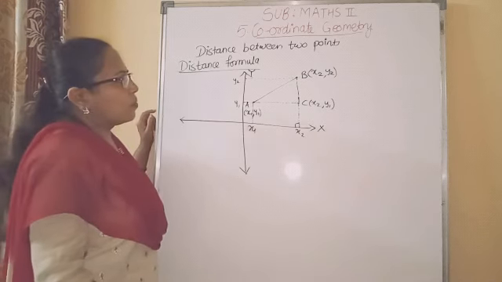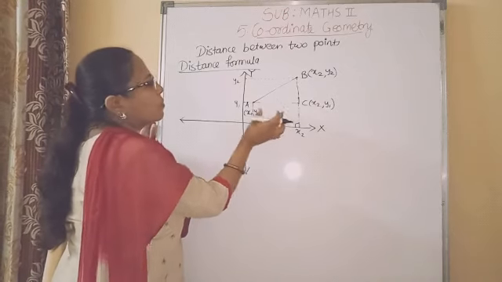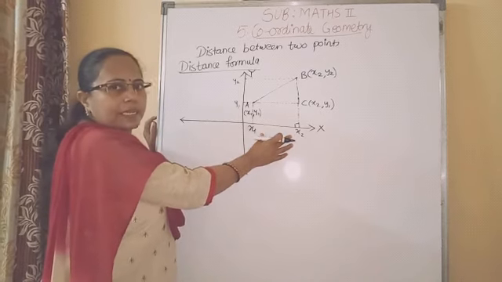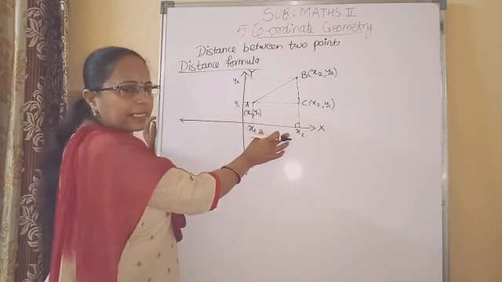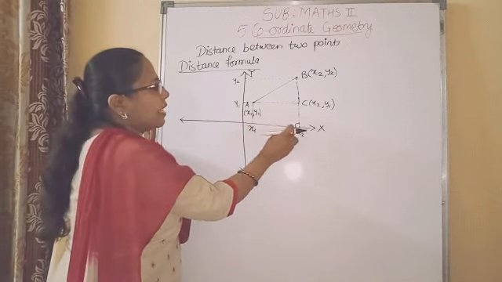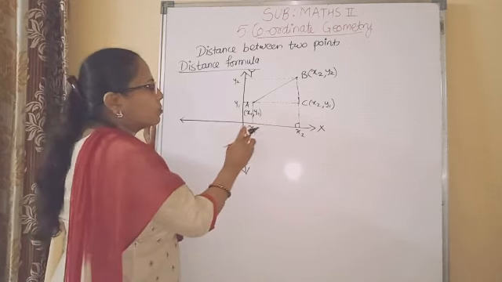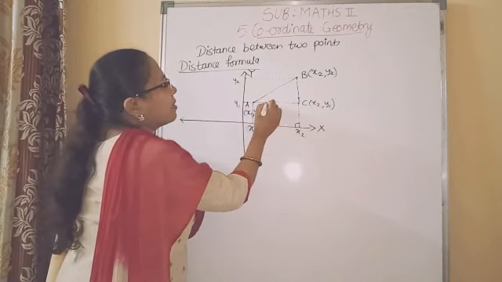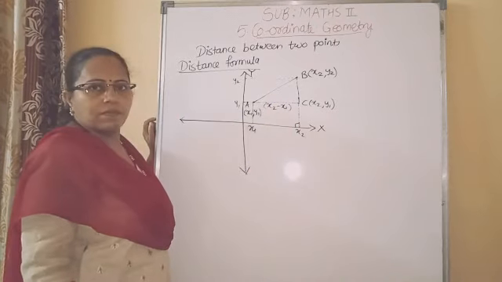Now if you observe the figure, you come to know that segment AC is parallel to the x-axis, and the length of the segment on the x-axis, according to our previous formula, is x2 minus x1. So the length of segment AC we will also get x2 minus x1.